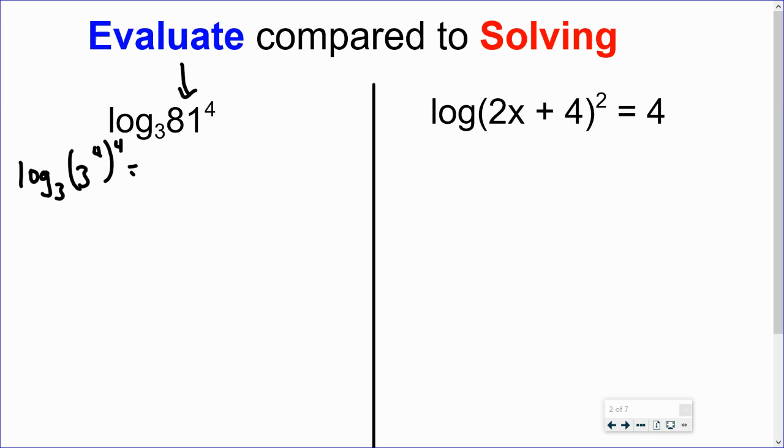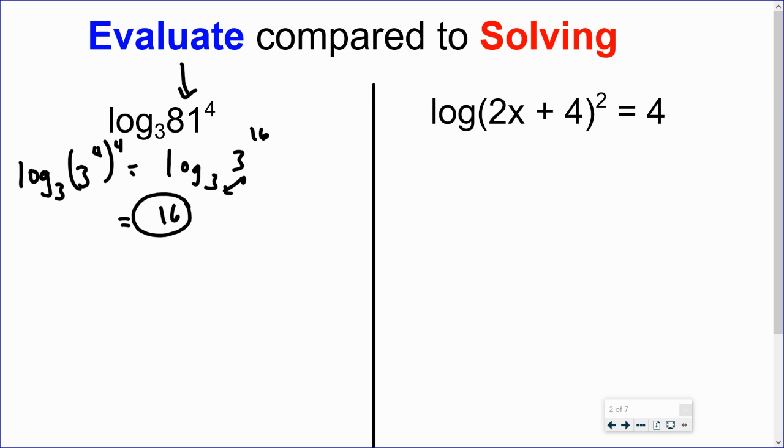If I can get the base and the exponent to be the same, then I'm going to be able to tell what that answer is. And sorry, if I have an exponent of 4 to another power, that's 4 to the 16th. Now these two 3's match up, so this answer is just the exponent. So there we go with that one.